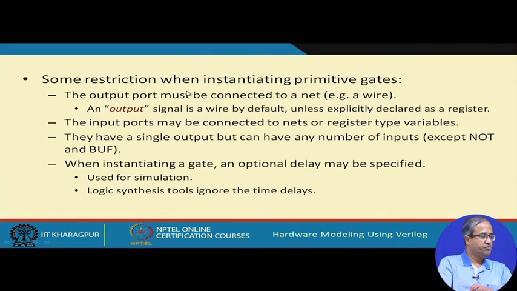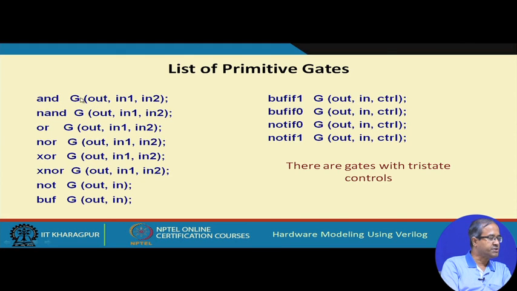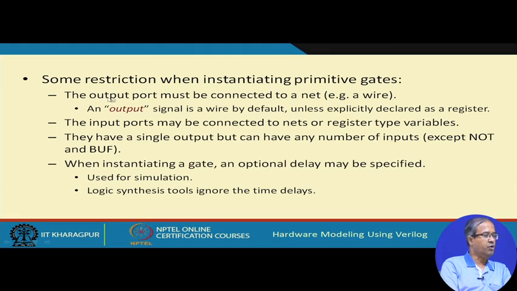So, when you are instantiating these kinds of primary or primitive gates, there are some restrictions you need to remember. For example, here the first argument or parameter is the output. The output port must always be connected to a net; it cannot be connected to a register. Okay.